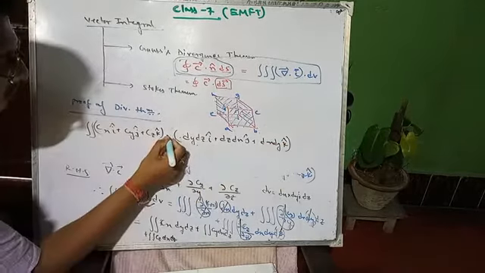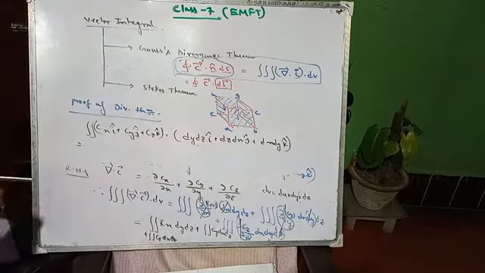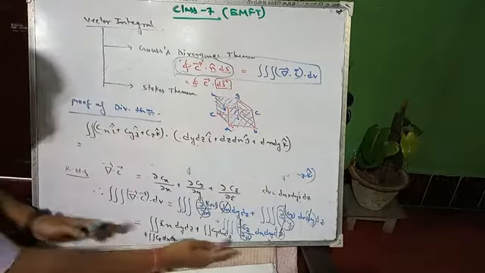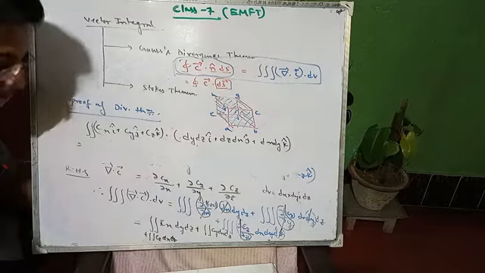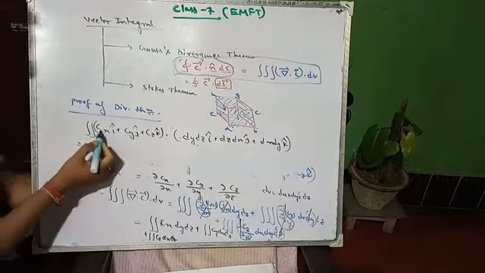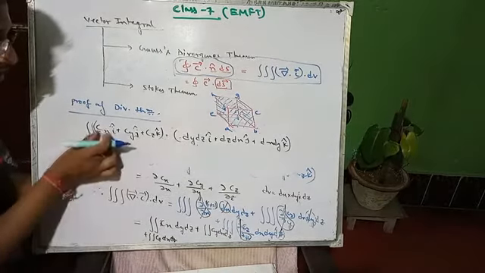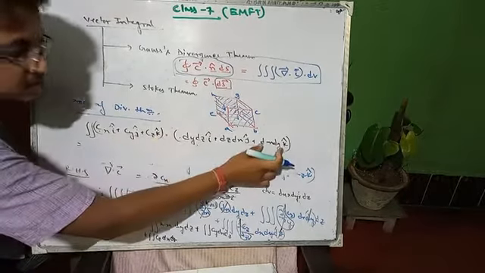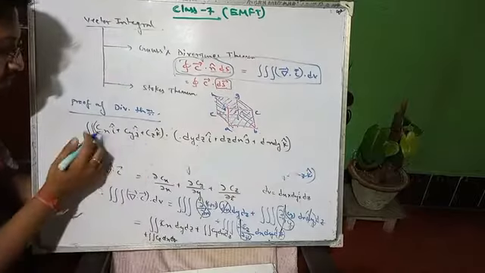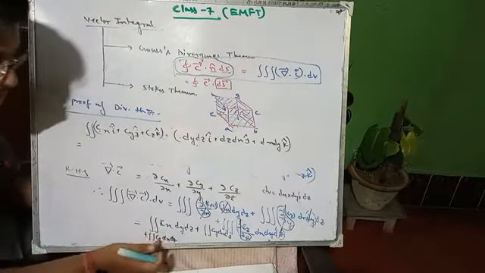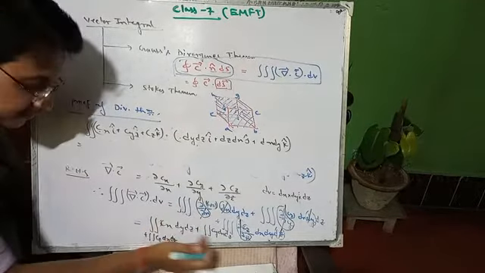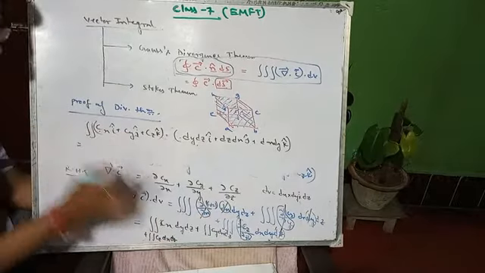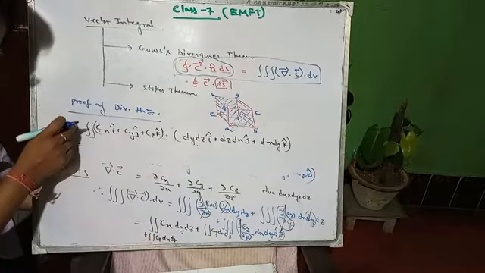Why? Because it is a dot product. If we expand this dot product, the same expression will come. Cx i cap will be 1, Cx into this one, Cy into this one, and Cz into this one only. So the remaining terms are just the previous line. This line can be expressed in this way.